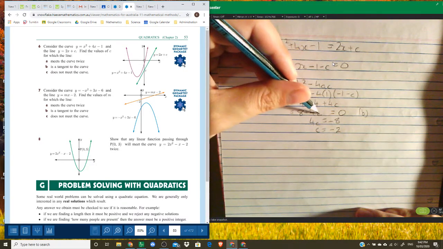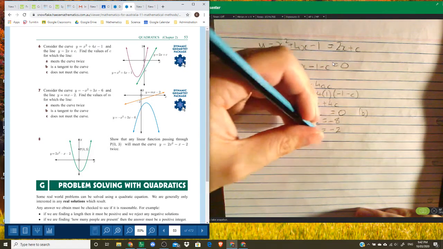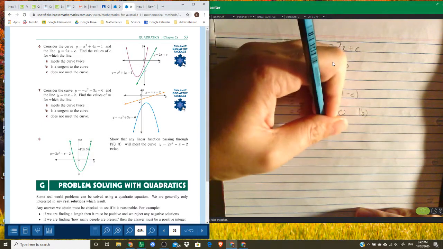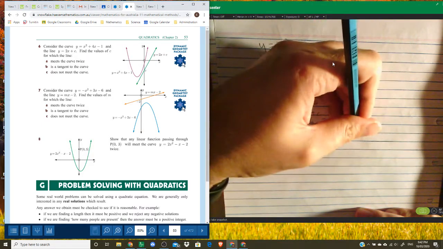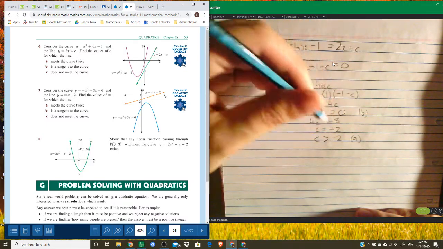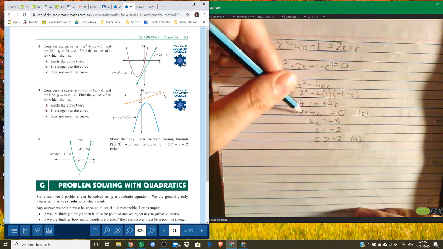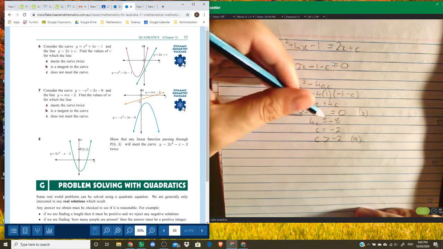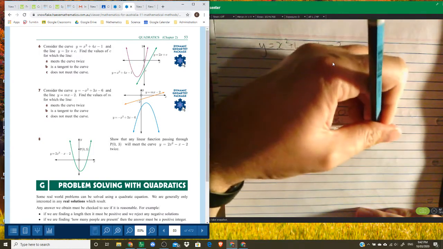If you have a larger value of c than that, like minus 1, you end up with positive values. So for c greater than -2, that will be the solutions for A. You can check that by substituting a value. If I put in 0, I would get a positive value here, and if the discriminant is greater than 0, there are 2 solutions.